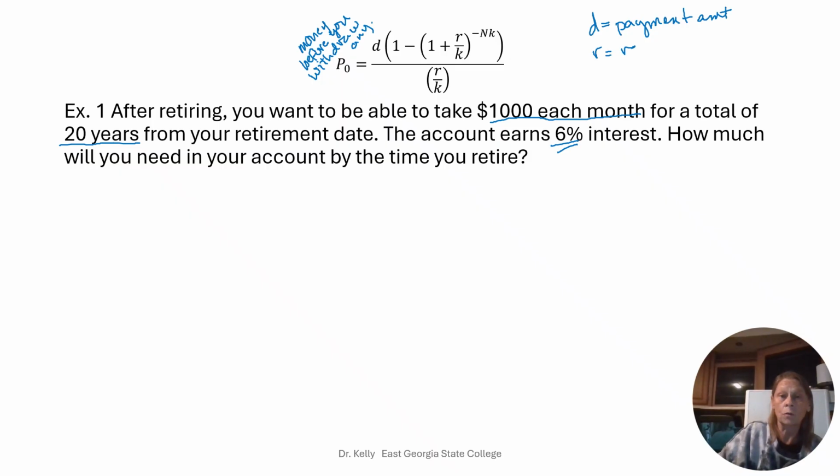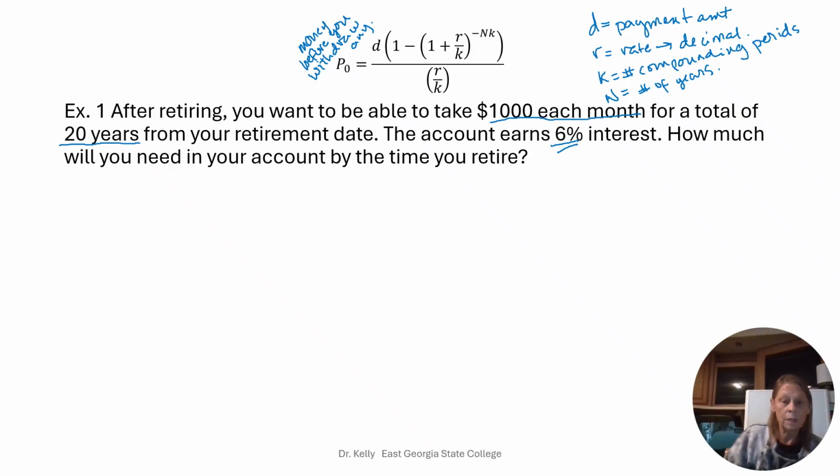R is equal to the rate, and remember that the rate has to be written in decimal form. K is the number of compounding periods. Remember, that's always going to be written in some sort of phrase. Oops, I forgot the 0 in there, and I don't really care. And N is the number of years.